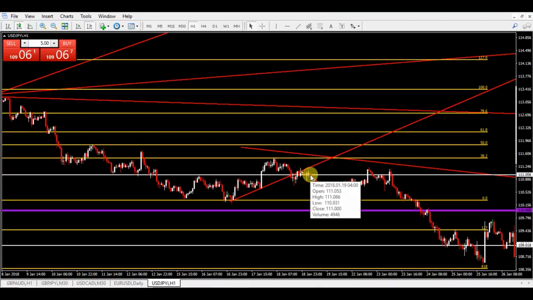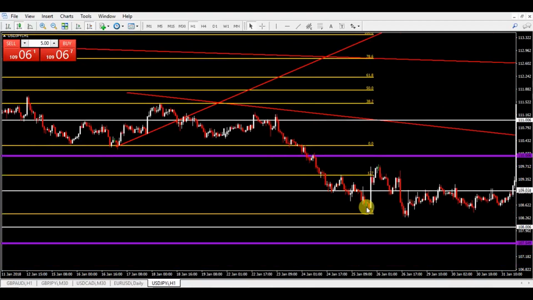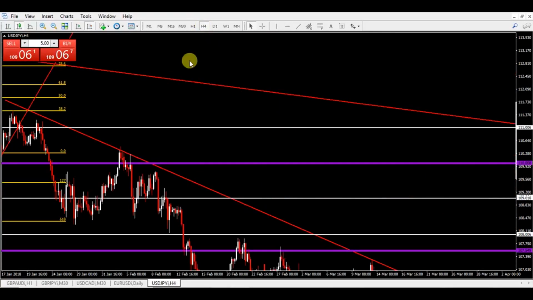Also in confluence with the very strong and powerful whole number of 111.00. No coincidence there. And anticipating the 618 extension to be hit, which eventually, not quite there, retraced back, and boom. And then the market turned around from that point, right?